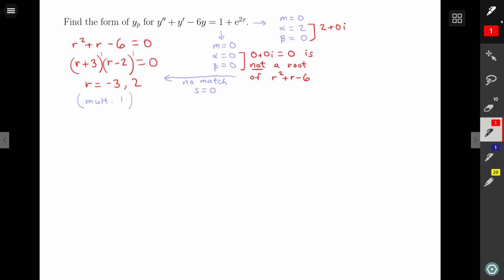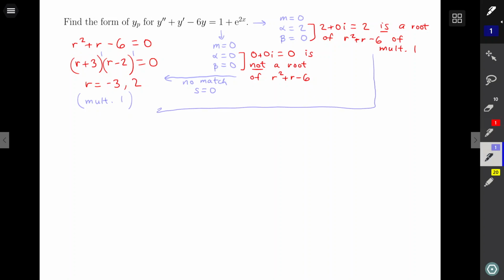However, for the other one, 2 plus 0i equals 2, that is a root of r squared plus r minus 6, and it has multiplicity of 1. So therefore, that one does have a match, meaning that since the multiplicity is 1, s is 1. So we need to create two separate pieces. Let's do that.